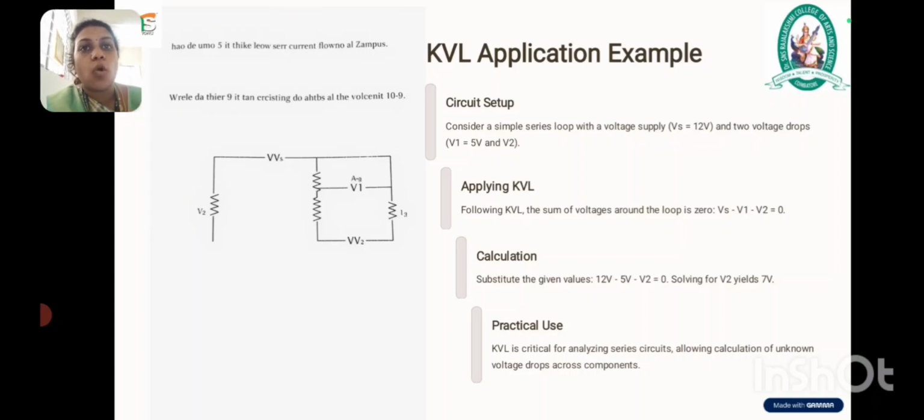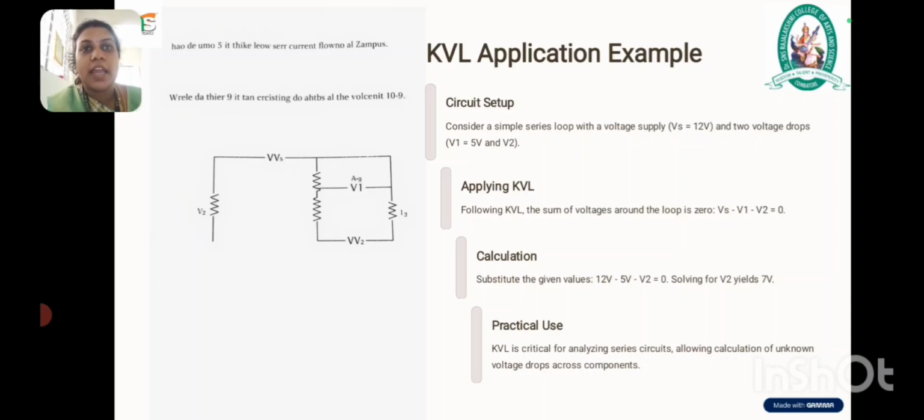KVL is used to analyze complex circuits. It helps to determine the unknown voltages, currents and resistances in a circuit with multiple loops, for example solving analysis problems in DC and AC circuits, and verifying Ohm's law in loops.